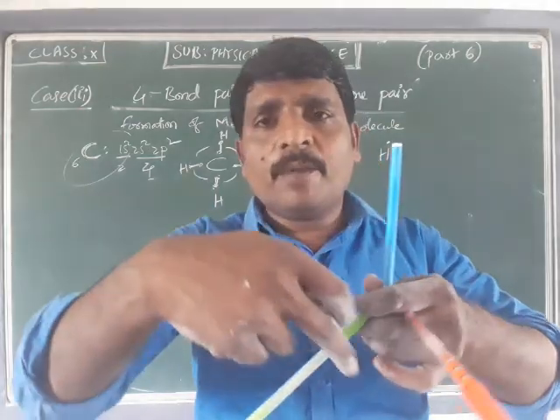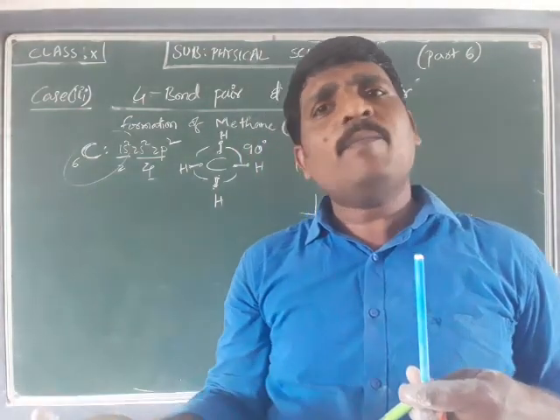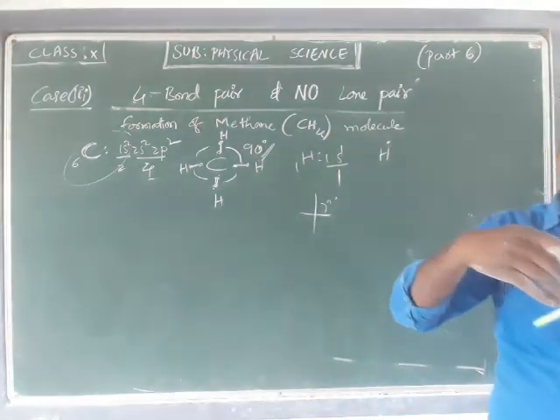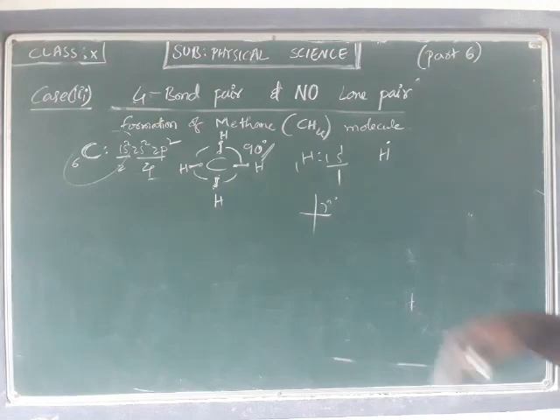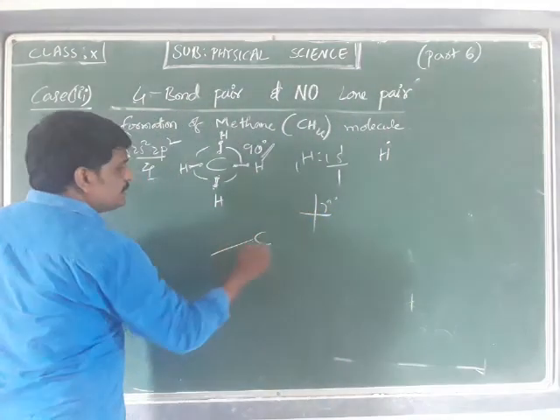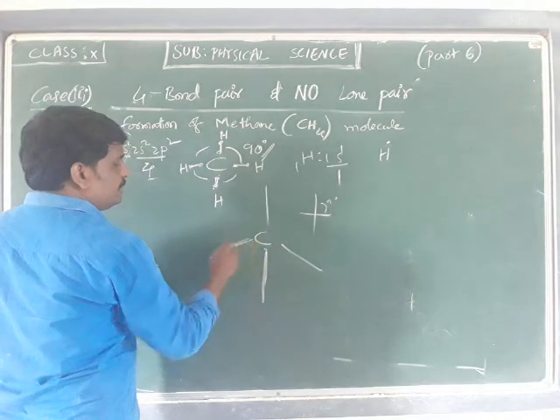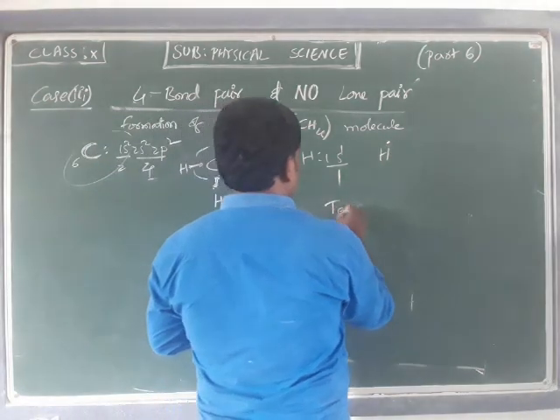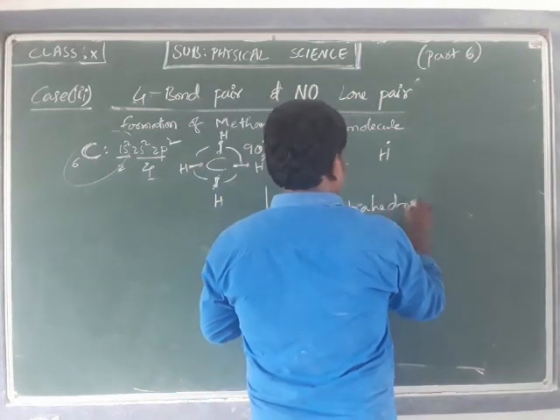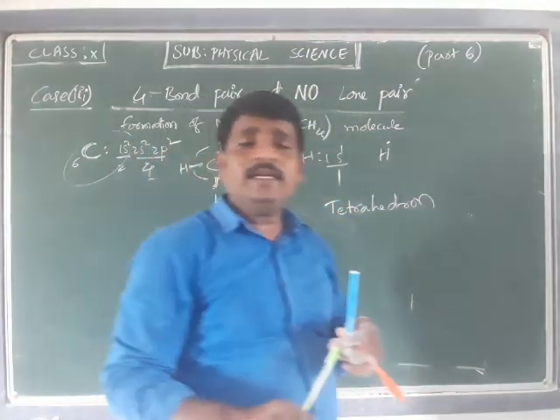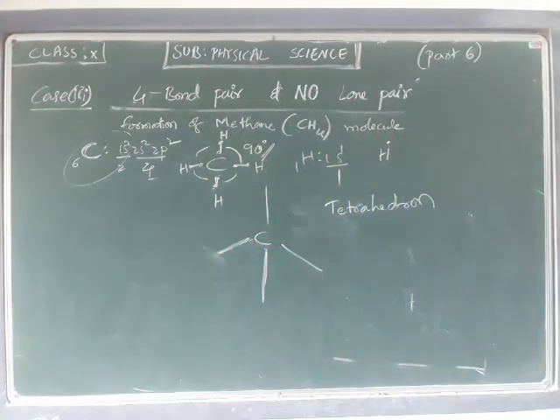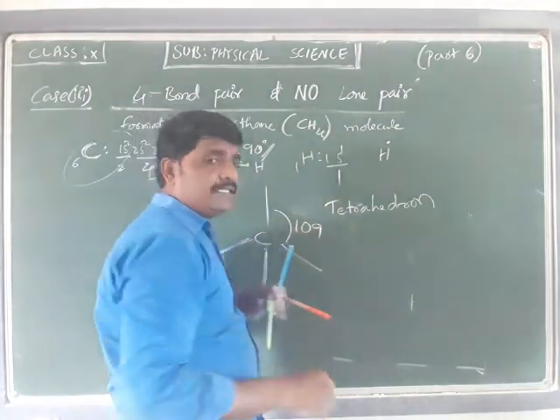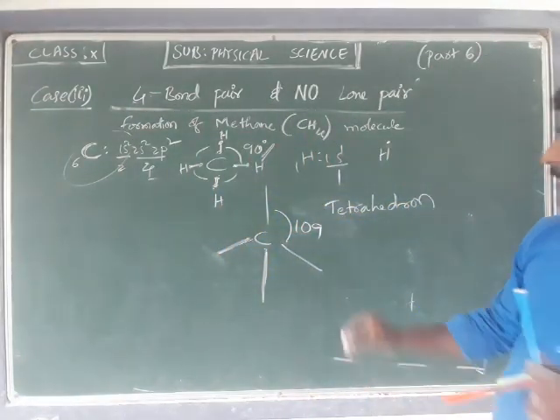The repulsion between bond pair and bond pair should attain the maximum bond angle. If you arrange it in the flat shape, it is only 90 degrees, but according to this 3-dimensional arrangement, the shape is considered a tetrahedron, and the bond angle is 109 degrees 28 minutes.